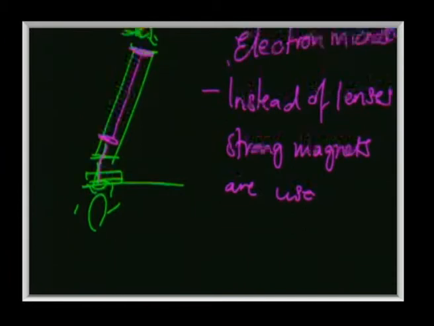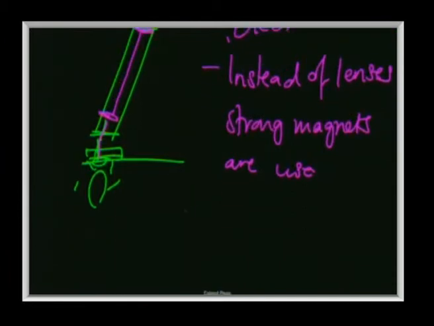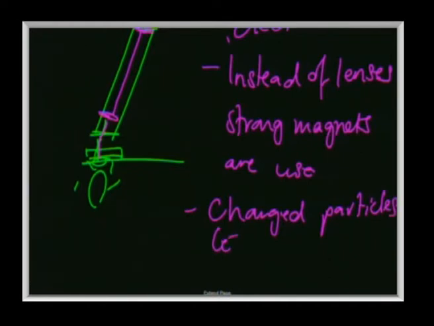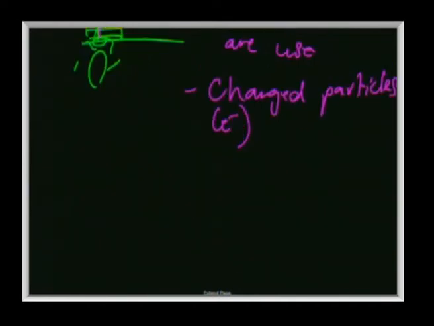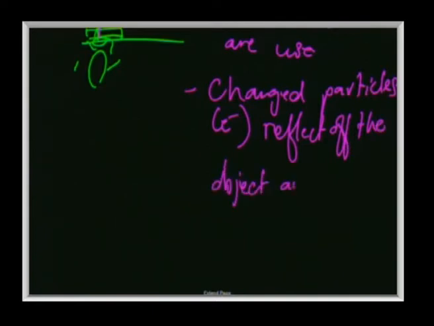Now these strong magnets work together with electrical or charged particles, and in this case these charged particles would be electrons that reflect off the object and can then be viewed on a screen.